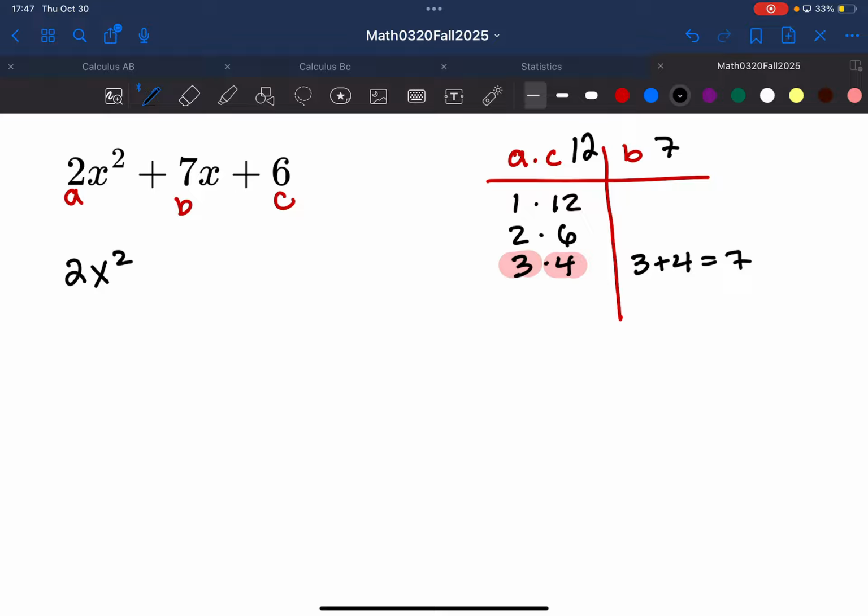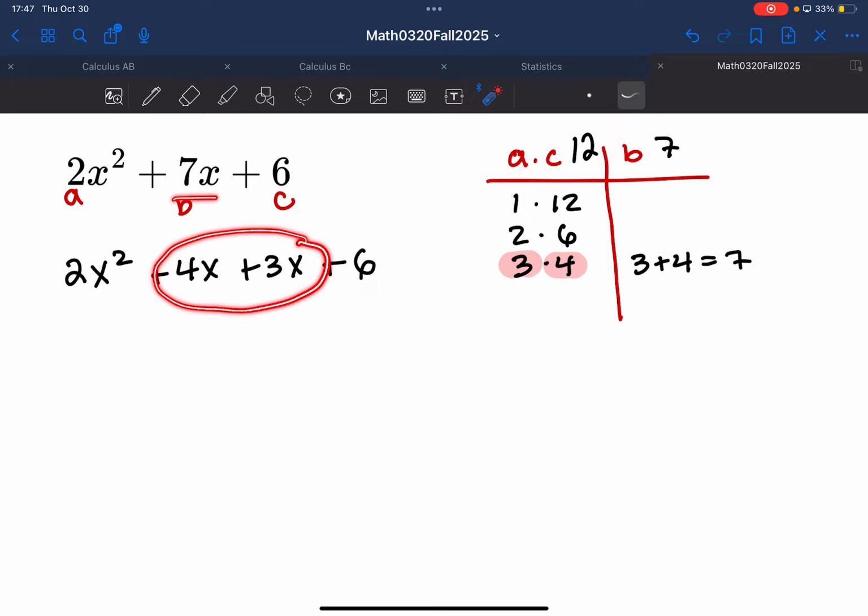So for example, would it be more helpful to put the 3 with the 2x or the 4? Right, if we want the common numbers together, 4. So I would do plus 4x plus 3x plus 6. Okay, so I'm still using these terms that I found, the 3 and the 4. And we said that 3 and 4, if I add them together, I get 7. So what I'm doing in this step is just expanding that middle term.